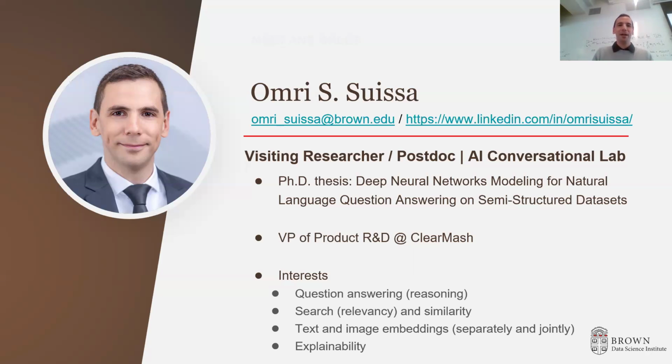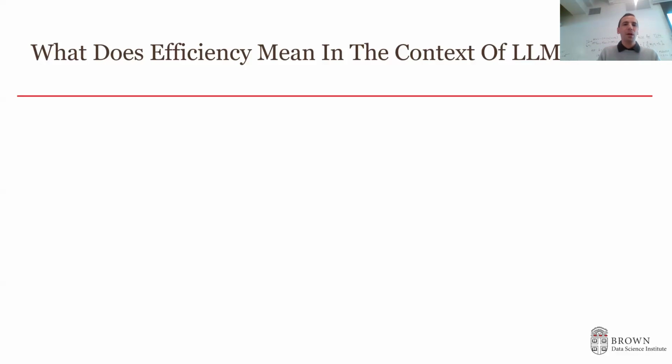All right. So today's talk is about efficiency in LLMs. What are we talking about when we say efficiency in the context of LLMs? The first thing that comes to mind is latency. We want LLMs to be fast. The second thing that comes to mind is usually resources. We want to use fewer GPUs. GPUs cost a lot, as you probably know.